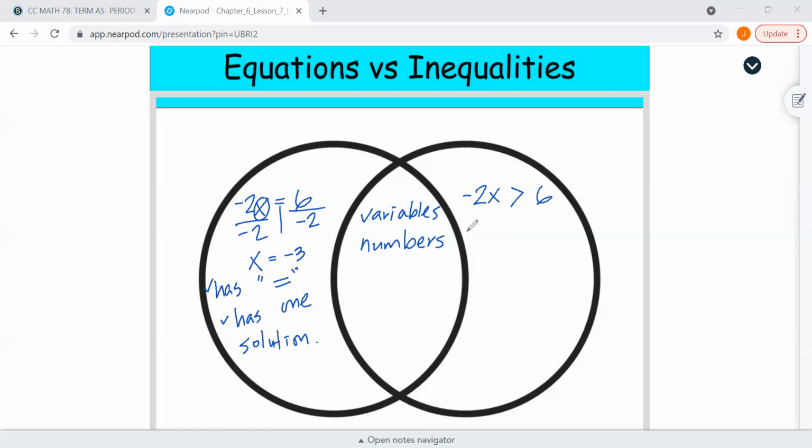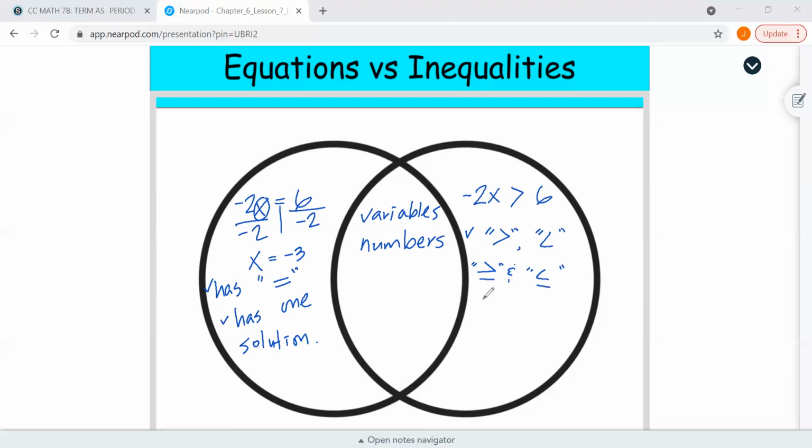On the other hand, an inequality has inequality symbols like greater than, less than, or greater than or equal to, or less than or equal to.